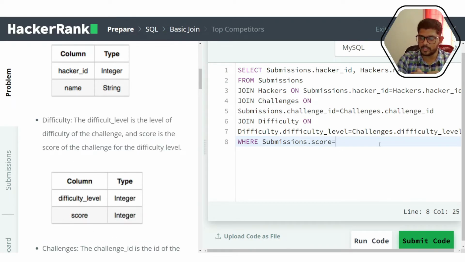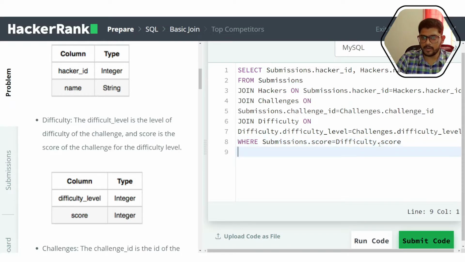So the score that you see in the submissions table should be equal to the score that we see in the difficulty table. That means that the hacker has got full score on that particular challenge, right? So we should equate it to difficulty.score. So this is the filtering criteria. This is how we are performing the filtering.